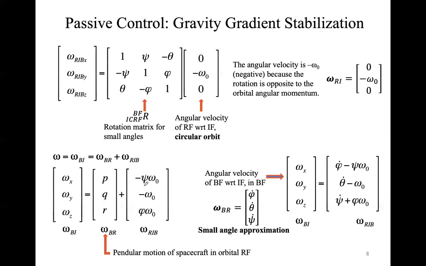Since we are assuming small angles, omega BR, PQR, corresponds to small variations of the roll, pitch, and yaw axis. So we can directly find that the omega of the body frame with respect to the inertial reference frame for small angles can be easily approximated with these small angle approximations.